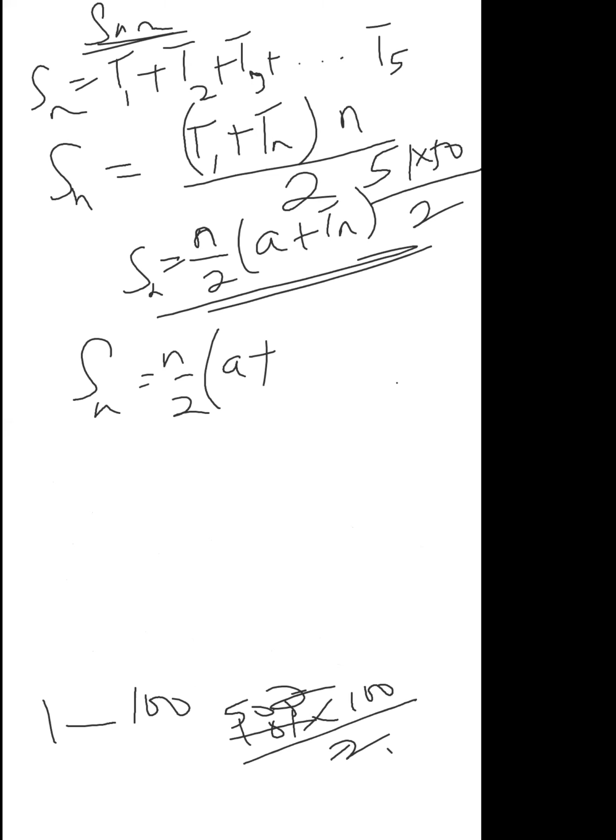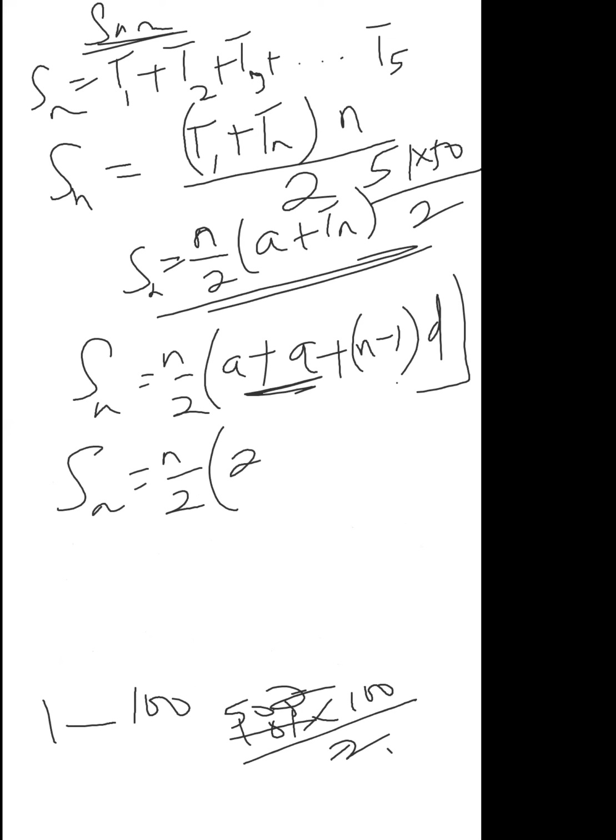Tn from the last formula, we say it is A plus n minus 1 d. So from there, if I add this together, I have Sn equals n over 2, 2a plus n minus 1 d. So as simple as that.